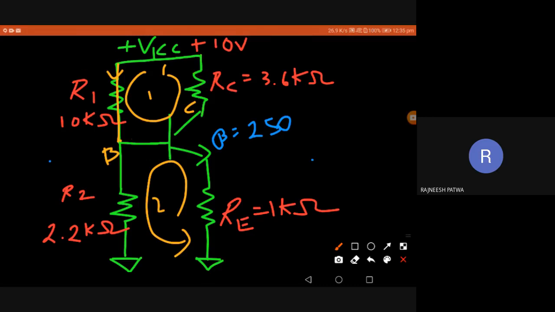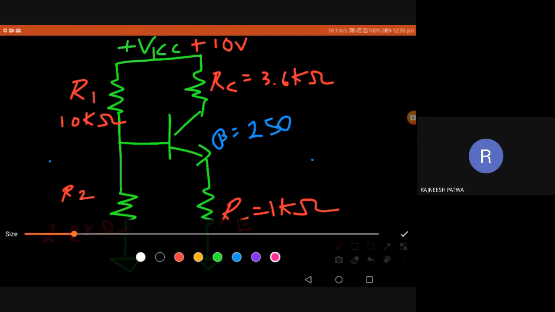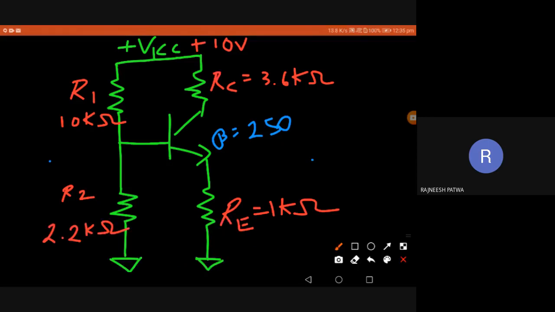Okay, so this is the idea. First, I'll try to calculate VR2, that is the voltage at my base. If I calculate this voltage V2, then I can calculate the voltage at this point VE, right?